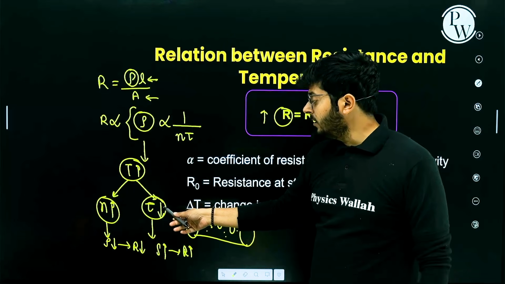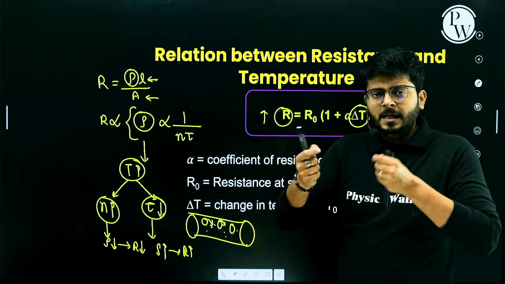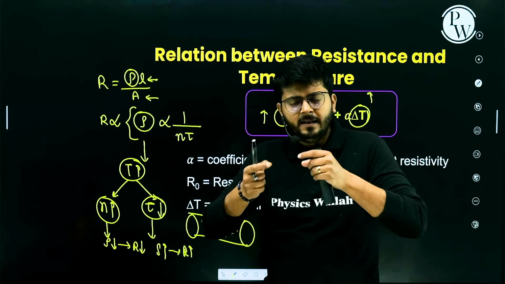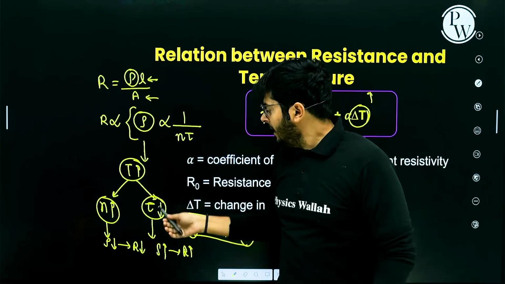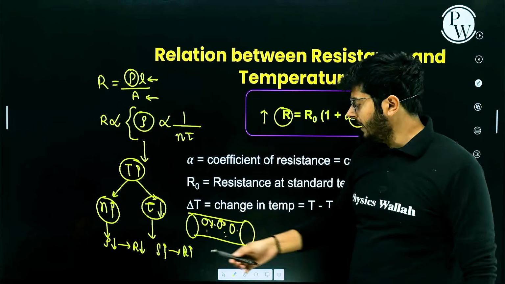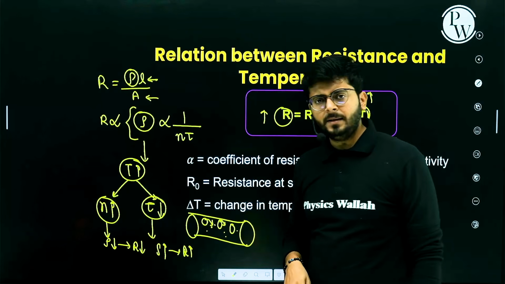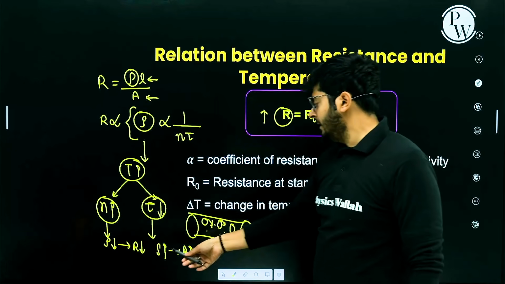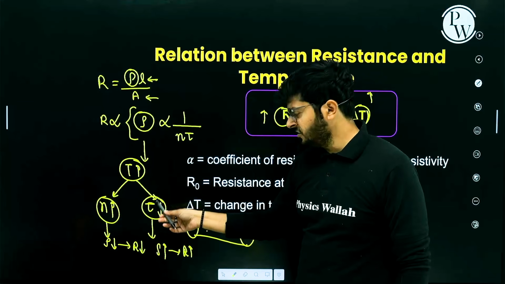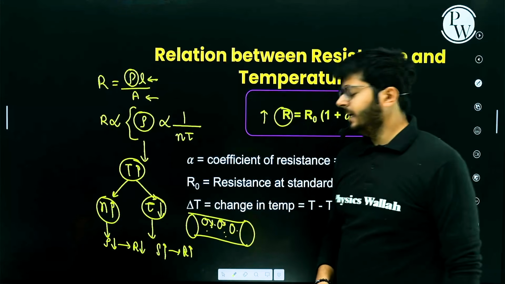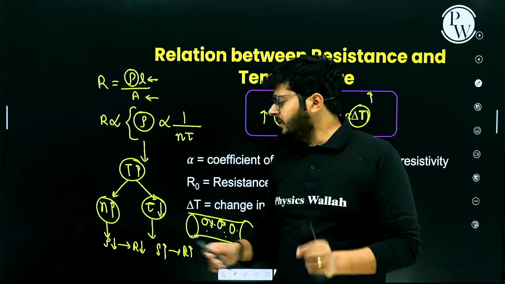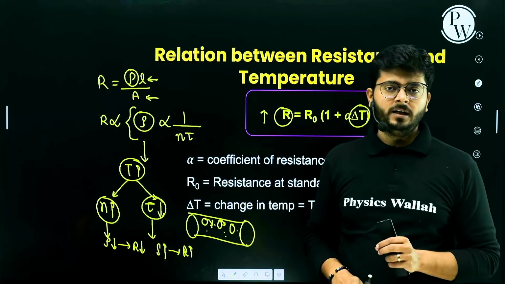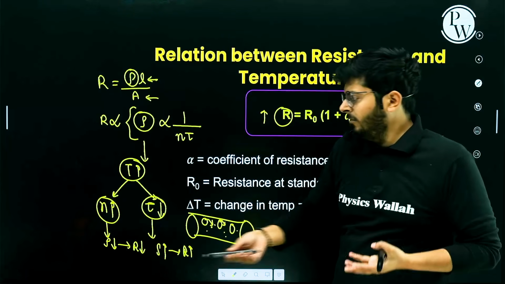Increasing the temperature reduces the relaxation time by increasing the number of collisions. So in a conductor, when you increase the temperature, collisions happen much more frequently, the relaxation time will reduce, and that will increase the resistance. So in conductors, the second factor is more dominating, because conductors already have a lot of free electrons.